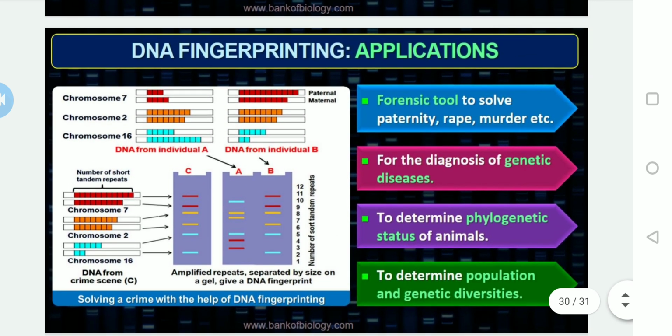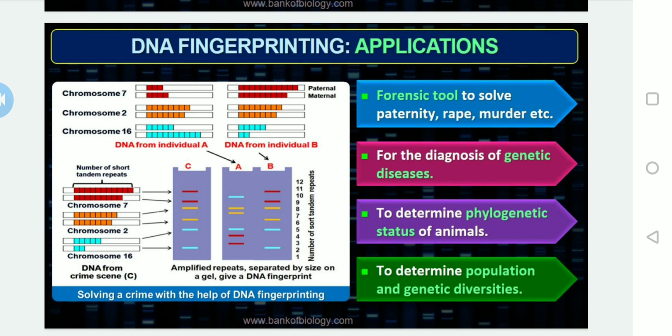So these are all with respect to DNA fingerprinting technology. Very important, remember it is useful in the determination of genetic diversity as well as in evolutionary biology also. That's why nowadays we are using this technique widely throughout the world.